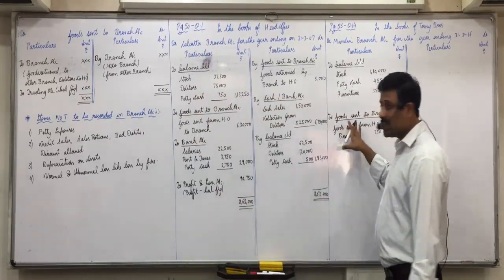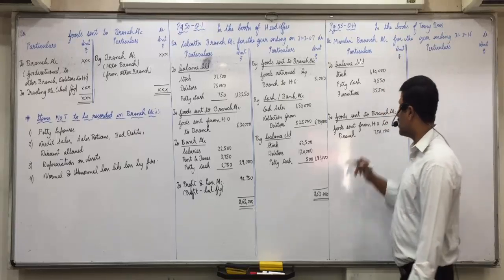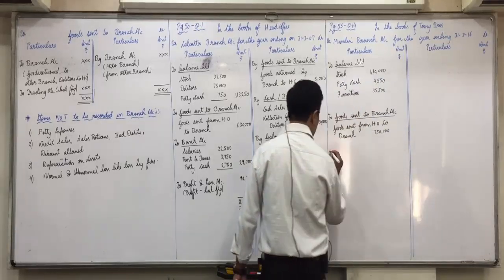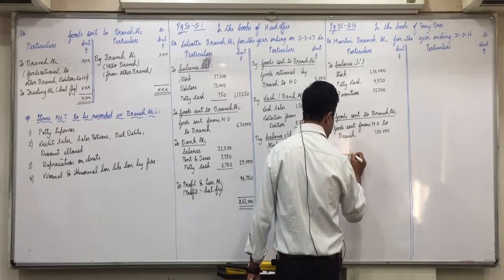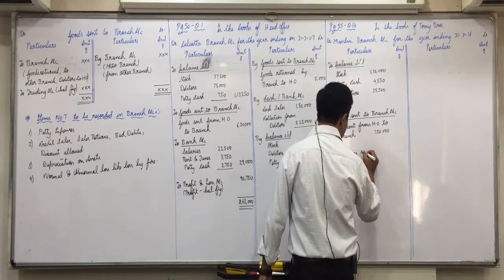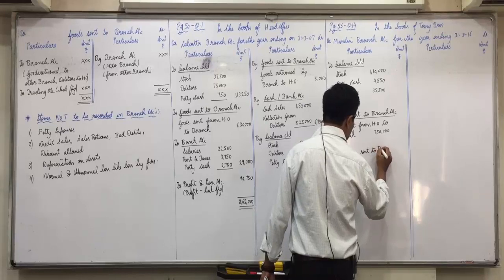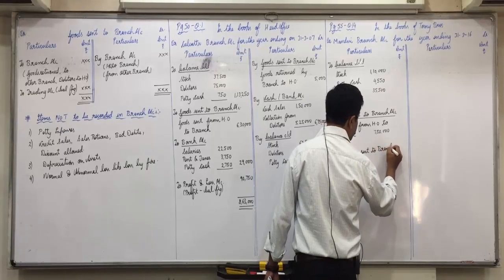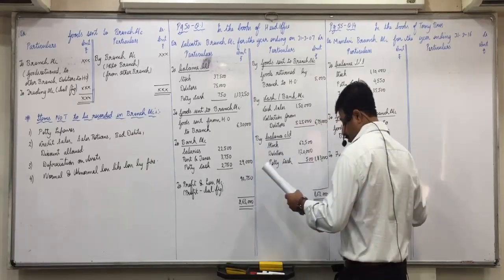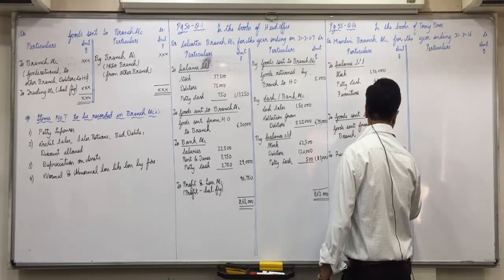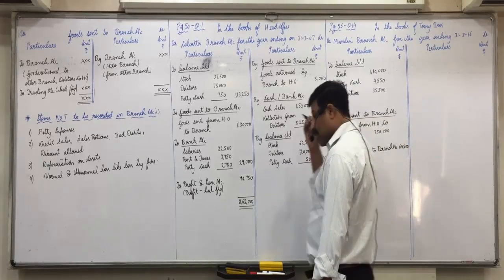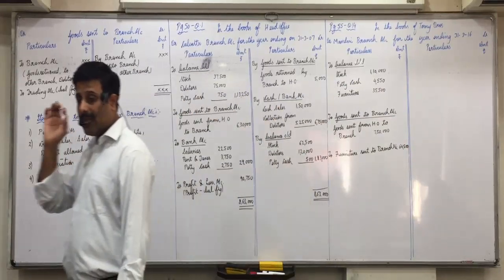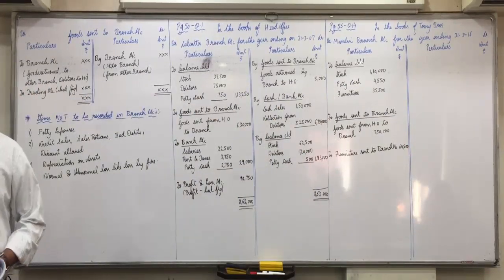So like we write goods sent to branch account, same way in branch account debit side, leave around 2 lines here also for furniture sent to branch account, 64,500. And which date is it sent? 1/4/15. Okay, beginning of the year. That will have some relevance. Any confusion in this?